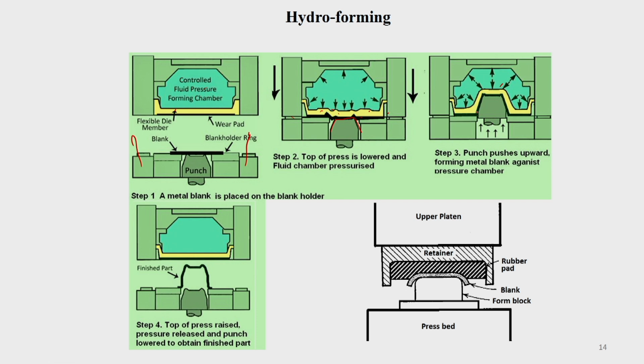So, you will find that the thickness remains almost the same, and once that shape has come, you just retract the punch backward, lower it, and you get the finished part, you take it.